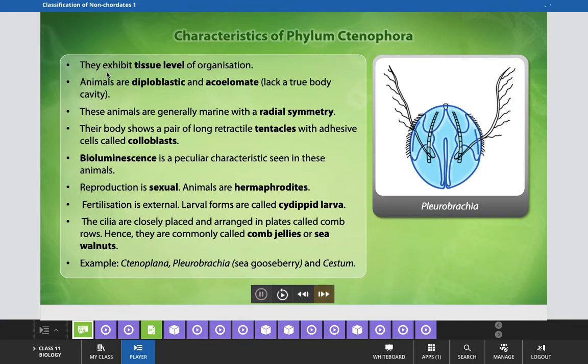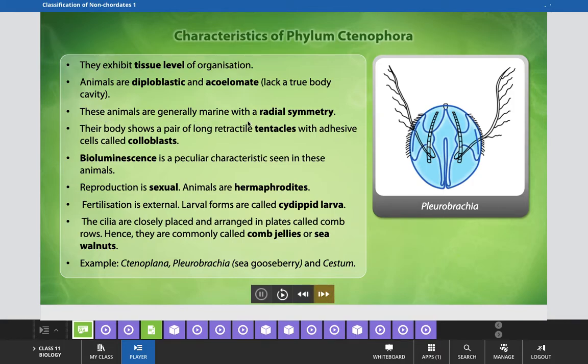Ctenophores exhibit tissue level of organization. Animals are diploblastic and acoelomate, which lack a true body cavity, and diploblastic, as we have already studied, means animals with two germinal layers, endoderm and ectoderm. No mesoderm layer is present in their embryonic development.